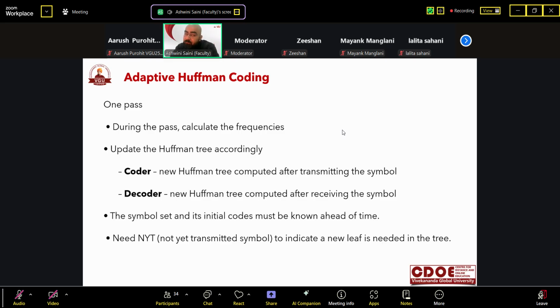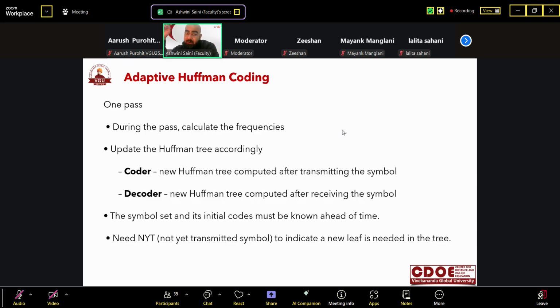Unlike traditional Hoffman coding, where the frequency of symbols in the data needs to be known in advance, adaptive Hoffman coding dynamically adjusts the code book as it encounters new symbols. So we do not have frequency at the beginning of the algorithm, but whenever a character or string is added, we dynamically adjust.